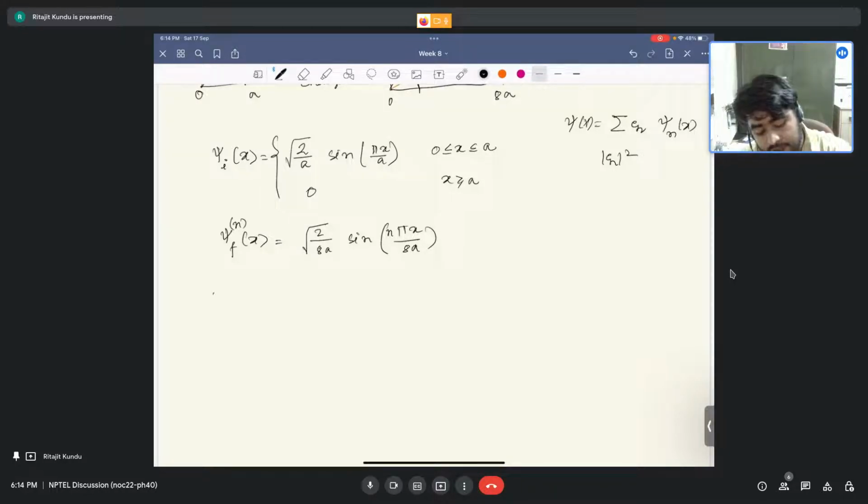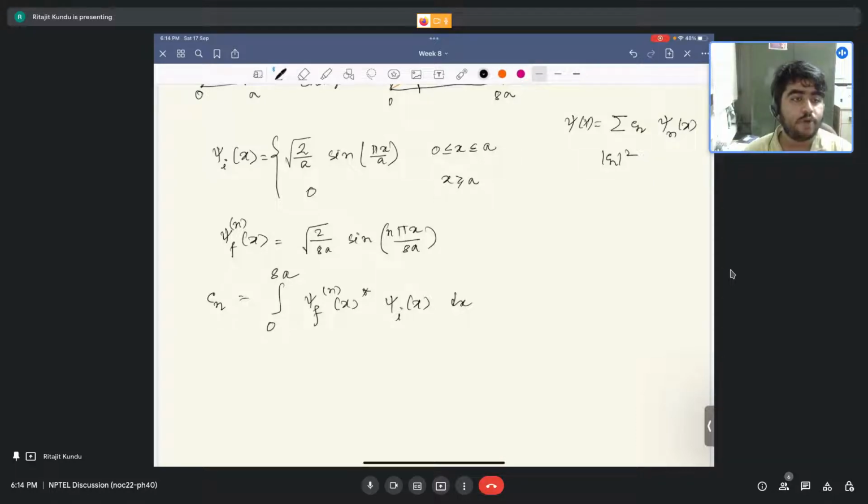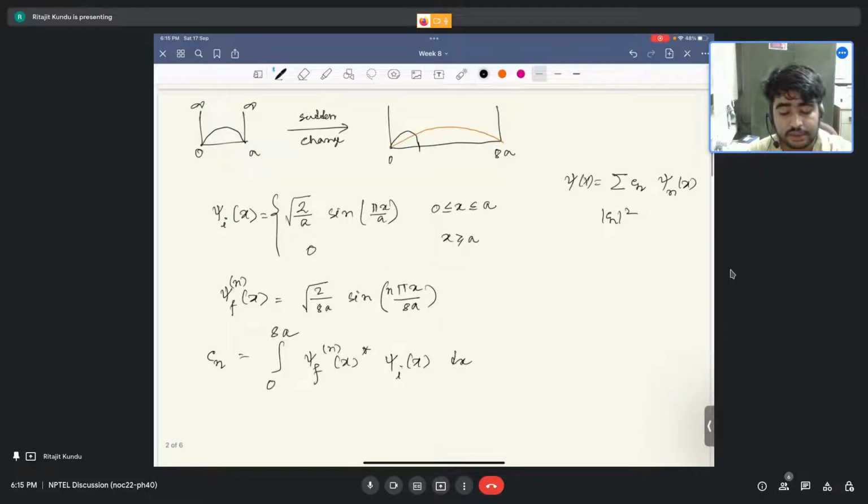Now what I want to find are the different c_n's. So c_n is given by the integral of psi_f,n(x) star psi_i(x) dx, where the integration goes from 0 to a, okay, 0 to 8a actually. I am calculating the overlap, right? I'll have to calculate c_n mod square to see what the probability is. So is this clear what we are trying to do here? This is our state at psi 0, and we are trying to find different coefficients so that we can find the probability of finding this particle in each of these states.